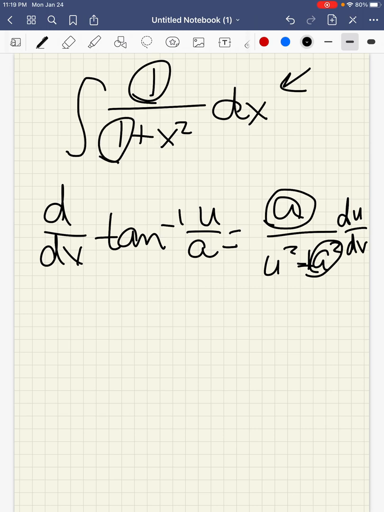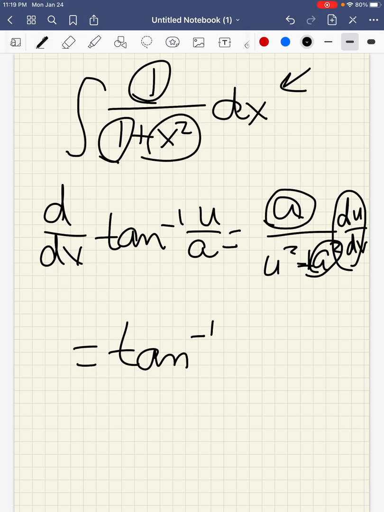And then the u squared is x squared. So the du dx is just 1. There's nothing different. So the answer to this is just inverse tan of x, not u, because it had x's in there, plus c.